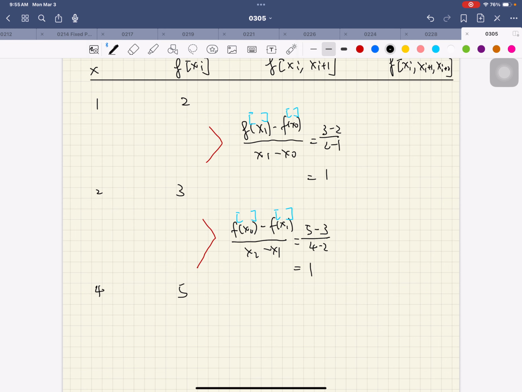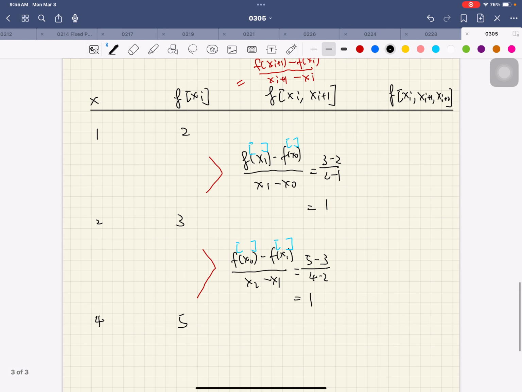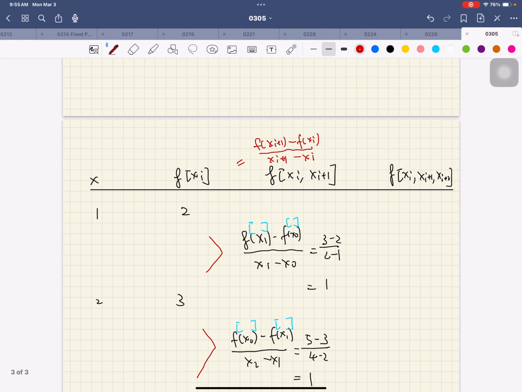Now for the second difference, still by the definition, we need to define this recursively. That means we need the first difference. So this is equal to f[xi+1, xi+2] minus f[xi, xi+1] over xi+2 minus xi.